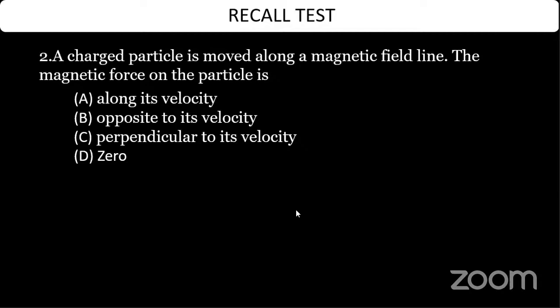Please always give the answer. Okay, guys, come on, please think. Those who answered, please also put it in the chat box so that I can verify your answer.